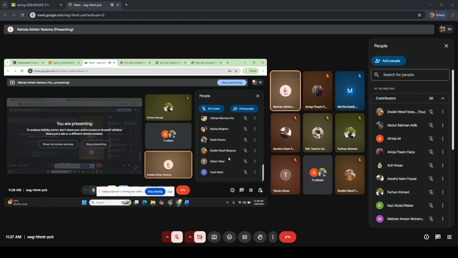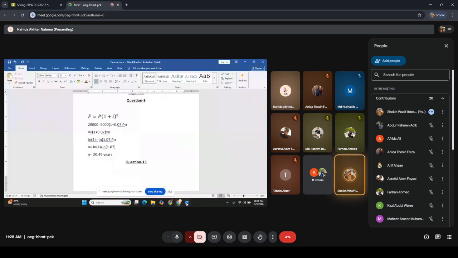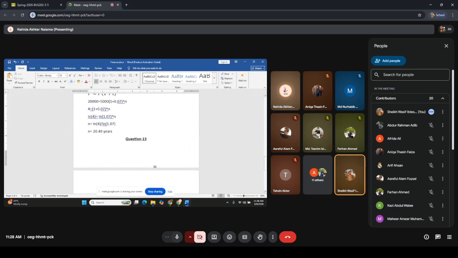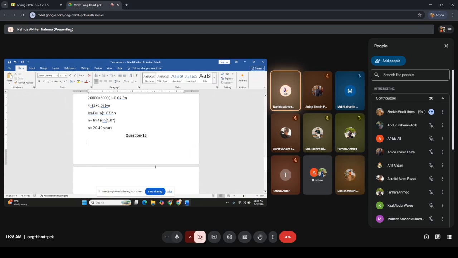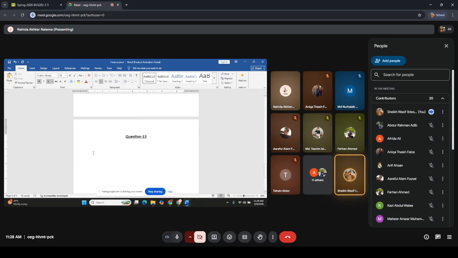Sheikh Wasif, can you read out the question? Page is the same as before, question number 13. Which page have you been doing maths from until now? 408 or 409? Question number 13.